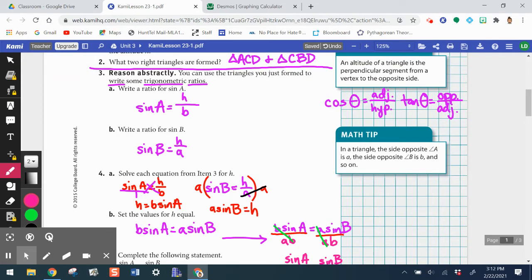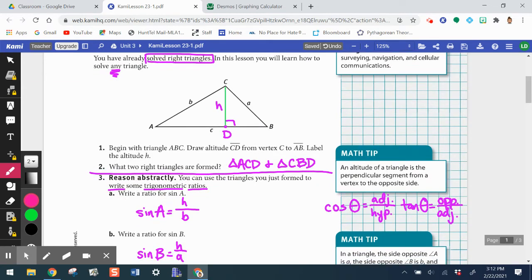Okay, so for starters, we are dealing with right triangles. Recall that we added this auxiliary line, CD, to make 2 right triangles just to prove that the law of sines is true. So we can write these trig ratios because AC, this segment, which is labeled lowercase b, is acting as a hypotenuse because it's opposite of this right angle that was formed because of the altitude.